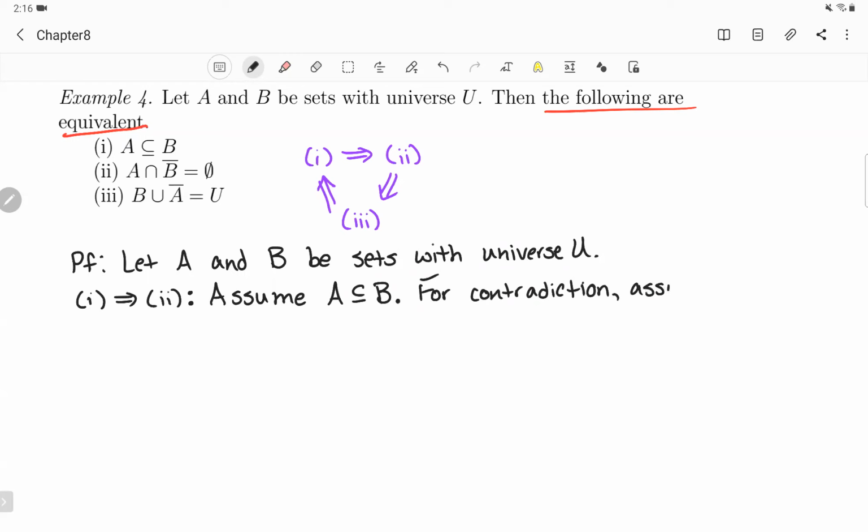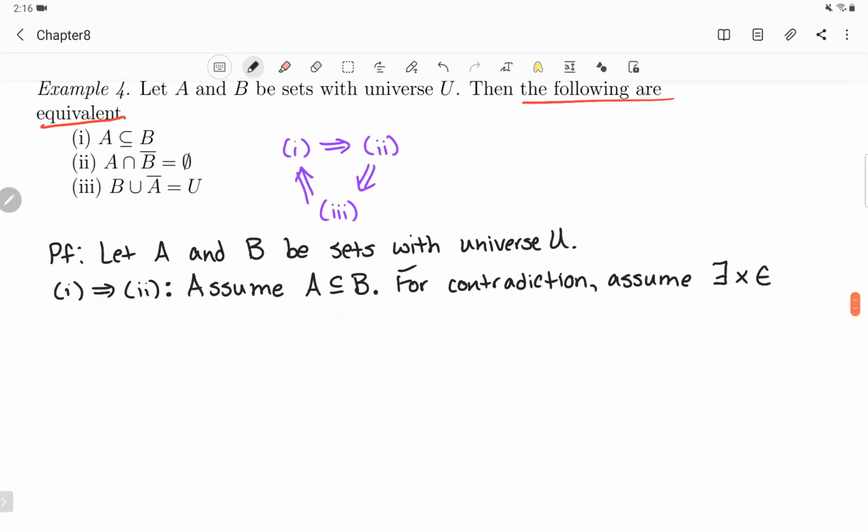assume there exists X in A intersect B complement. If it's in the intersection, it has to be in both, right?